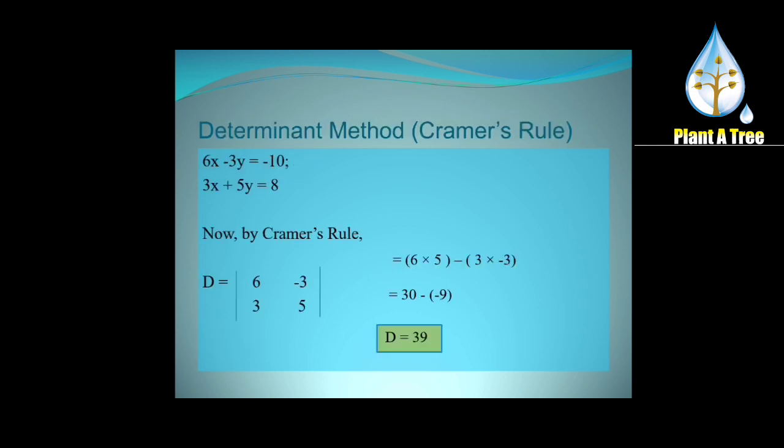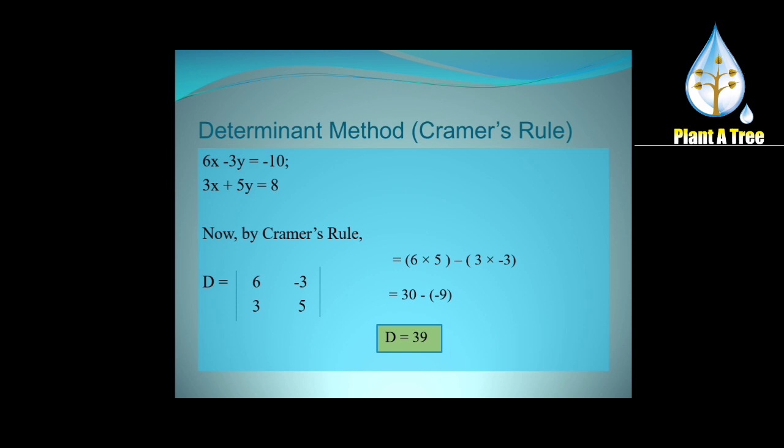Now the first problem on the determinant method, or Cramer's rule. We are using determinants to find the solution for the given problem: 6x minus 3y is equal to minus 10 and 3x plus 5y is equal to 8.